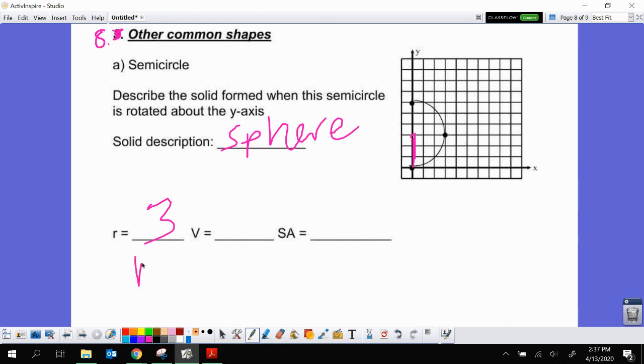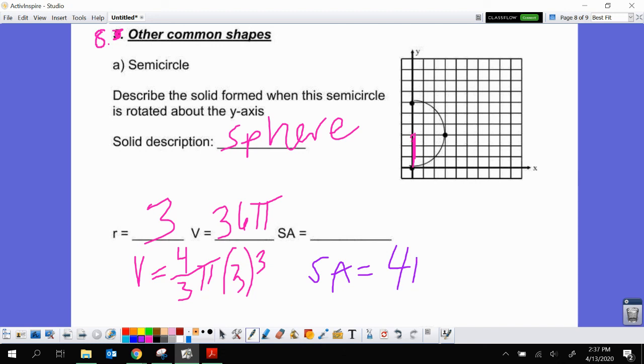The volume of a sphere is 4/3 pi r cubed, and if I do all of that, I get 36 pi. And then surface area of a sphere is 4 pi r squared, and so that is also 36 pi. These just happen to be the same here. It is not always the case.